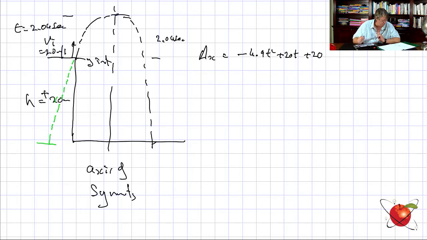We know, therefore, what if delta x is equal to 0? If delta x is equal to 0, we would solve that. If t is equal to 0, okay? If time is equal to 0, delta x is equal to plus 20.